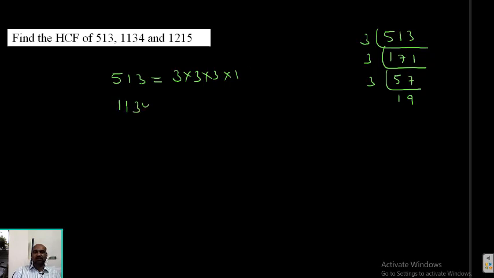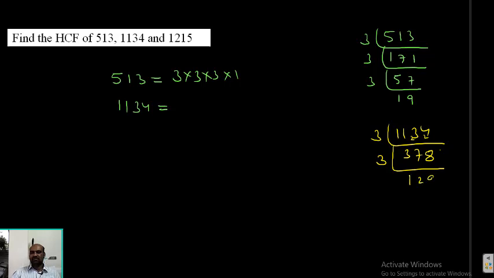Next number, 1134. Divide by 3 repeatedly: 3 threes are 9, and 3 sevens are 21. Another 3, again we divide by 3. Finally 43 is a prime number.